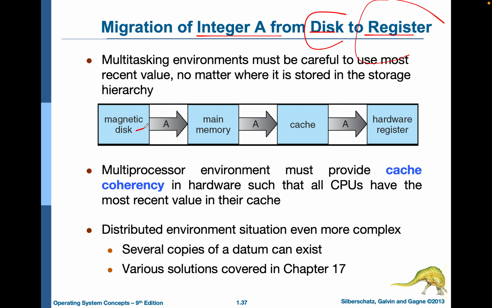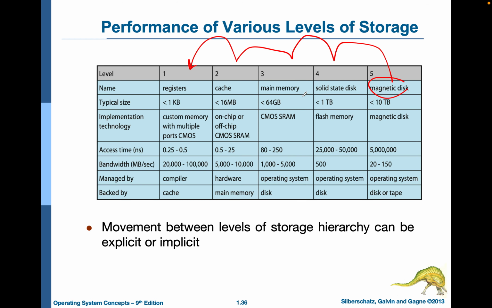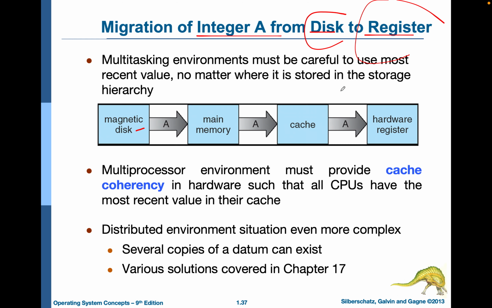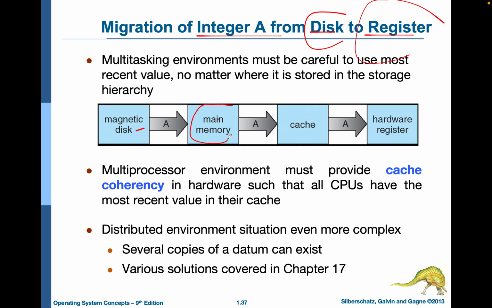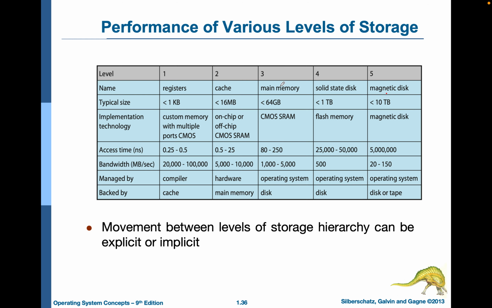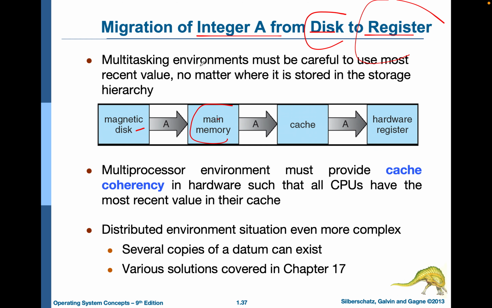From your magnetic disk, you pass it to your main memory. This one is also quite similar, because this will go directly to here, because normally magnetic disk is external storage, isn't it? Then it goes to the main memory. After that, it will pass to the cache, and the cache lastly will pass to the register. So hardware register.